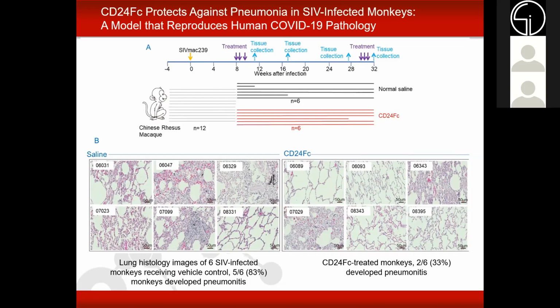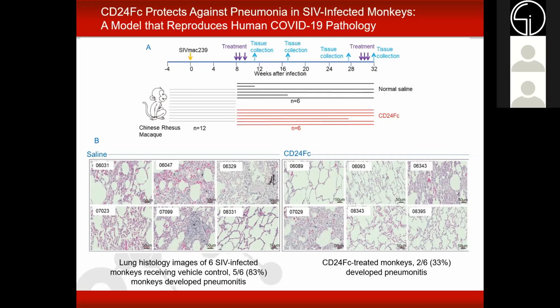So as you see from panel B with all this histology, in the saline treatment group, 5 out of 6 monkeys really have very severe lung pathology. They have a very thickened wall and very thickened fibrosis formation, and it's impossible to have air exchange for oxygen exchange.